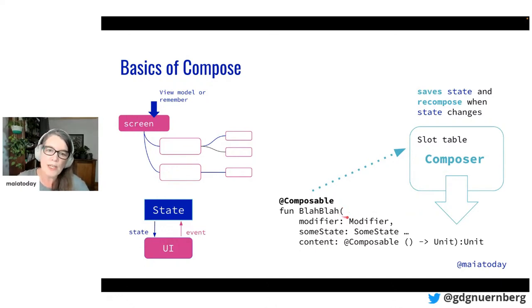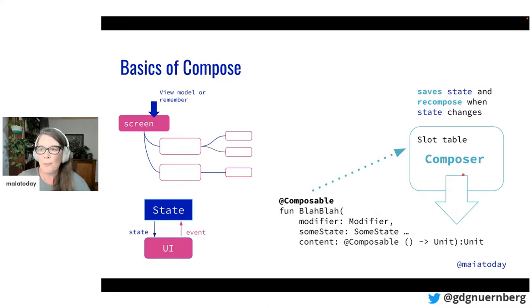The other thing I want to mention is the modifier. Each composable could typically have a modifier, and a modifier is just an object which modifies what happens inside the composable function. A composable function returns Unit because it doesn't make the view system draw things on the screen. It's just a declaration of what you want on the screen.